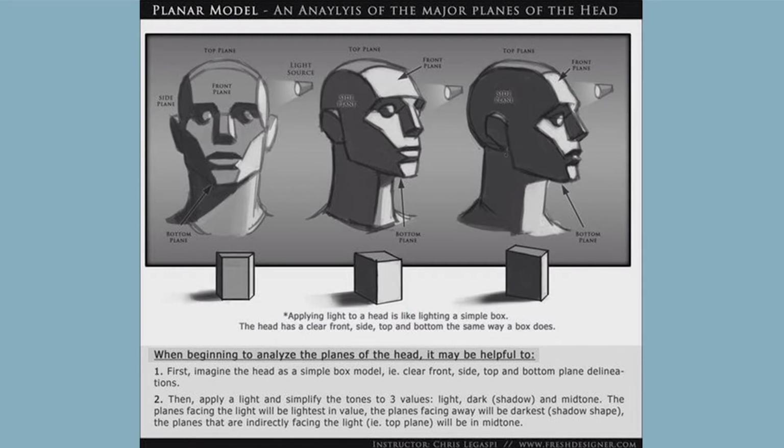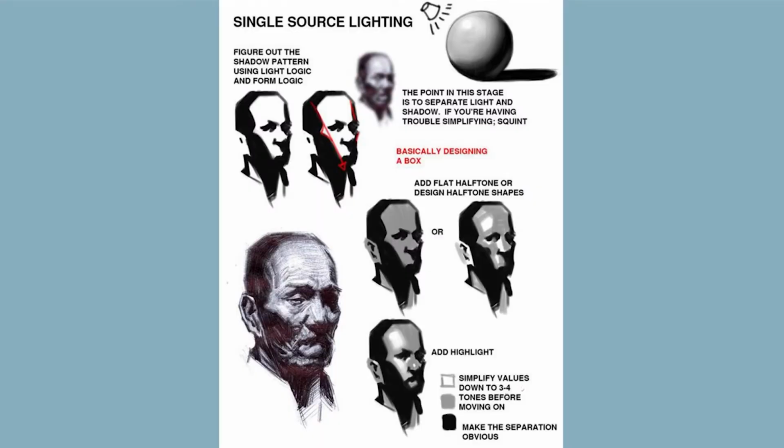And we're going to stick with what both of these examples recommend, which is a simplified 3 to 4 values. And I'm going to say we're sticking to 3 for this video. We're sticking to a light shape, a mid-tone, and a shadow.